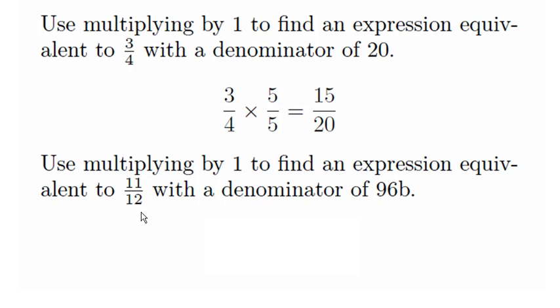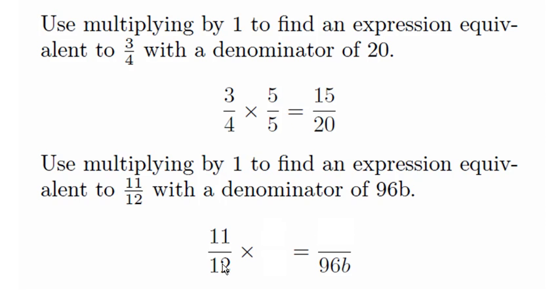Okay, so here's our second example, and this one's more like what you had in my math lab. It's actually one taken right out of my math lab. So here we're going to multiply by 1 to find an expression that's equivalent to 11/12 with a denominator of 96b. So we have this introduction of the variable there with the b, but it really doesn't make it too much different.